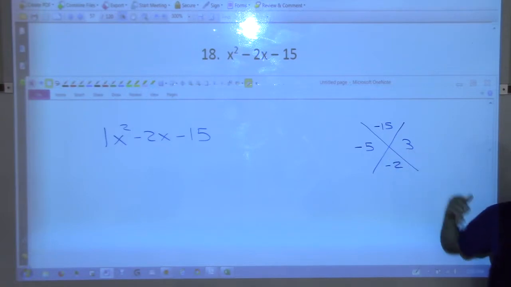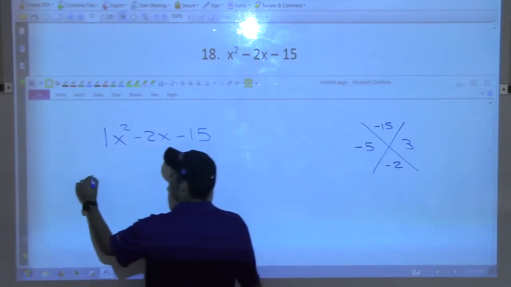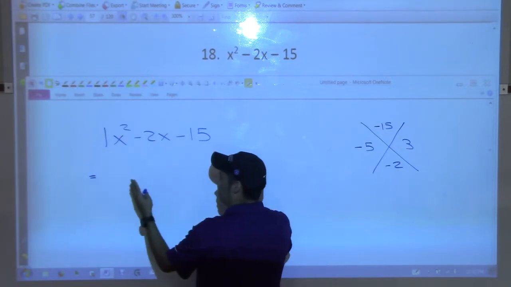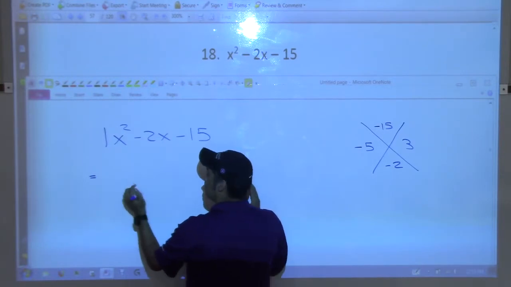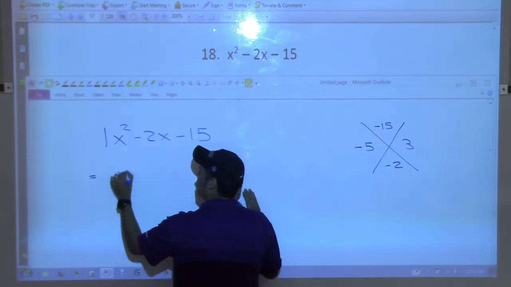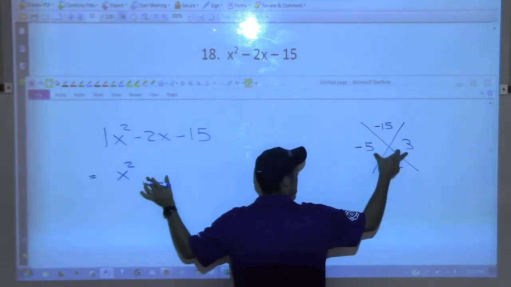Right? So that step right there is going to take different people a different amount of time. But in this case, it's not prime, so we keep going, right? So now I'm going to rewrite this, and how am I rewriting this? x squared minus 5x plus 3x minus 15. So we're using these 2 numbers that we found, right?